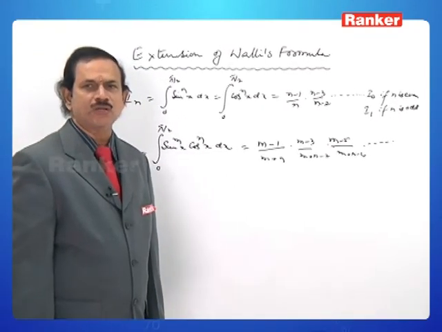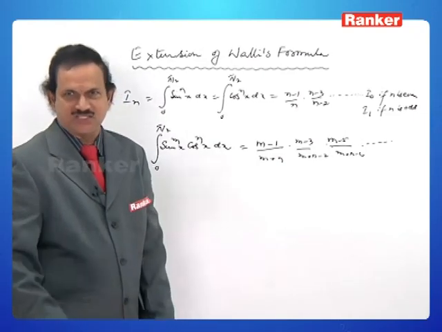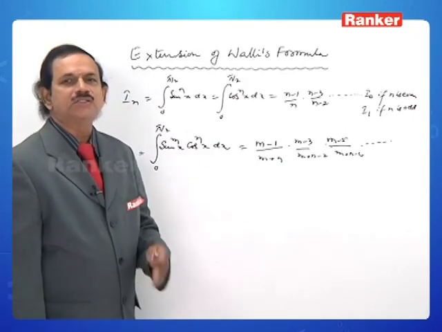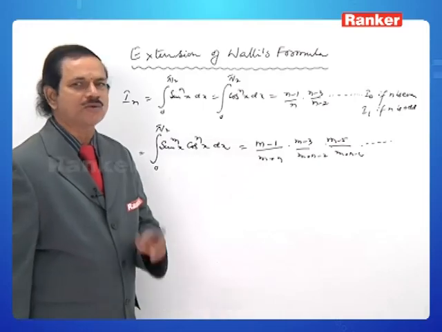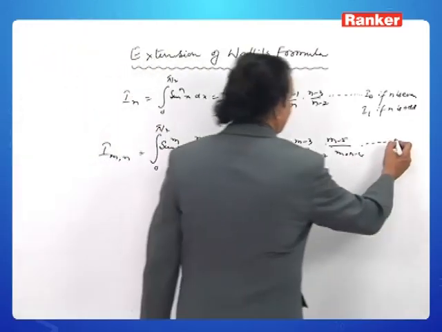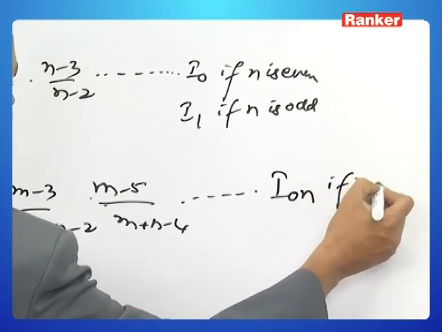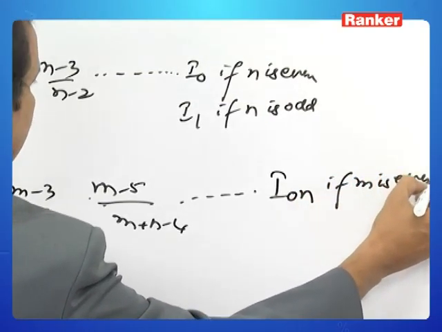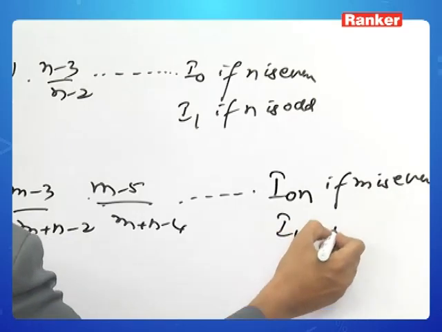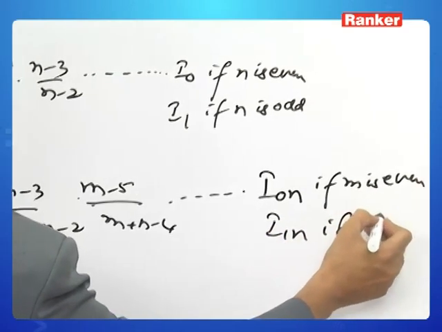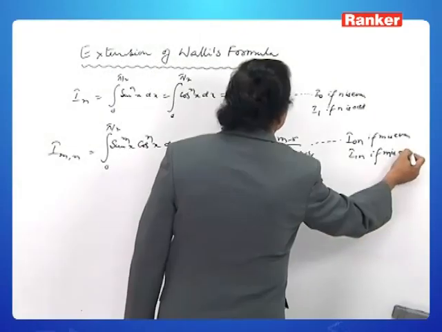You are showing interest on m in the beginning, isn't it? So m is even or m is odd. If m is even, we take I0n, and I1n if m is odd.